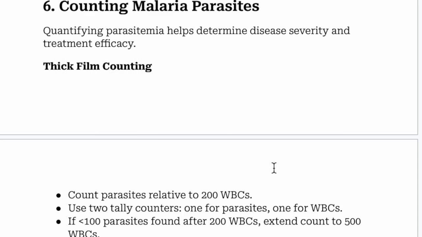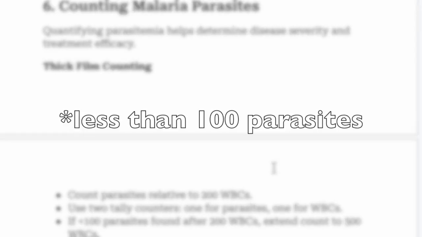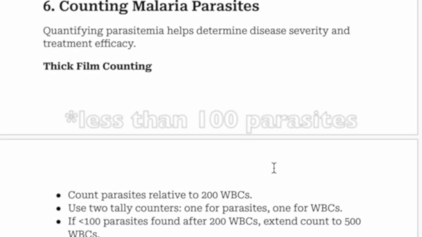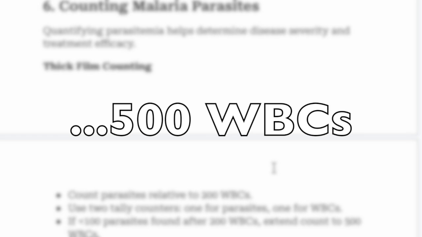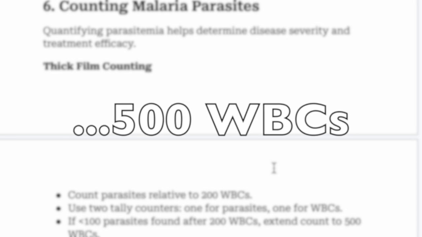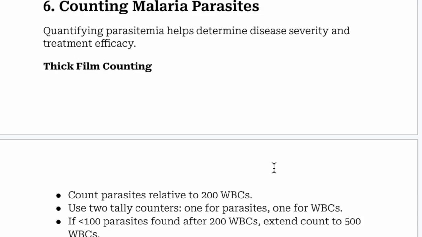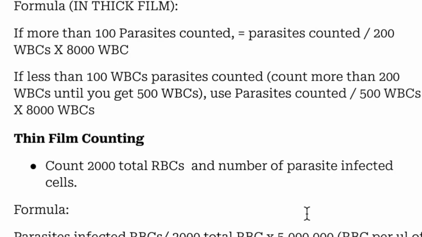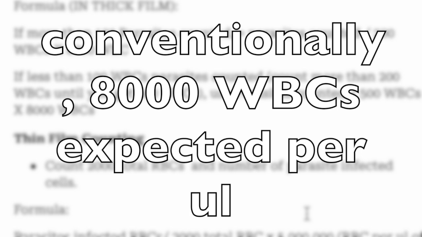If you count less than 100 parasites after counting 200 white blood cells, then you need to extend your count to 500 white blood cells, because you're really trying to have at least 100 or more parasites to make the count valid.